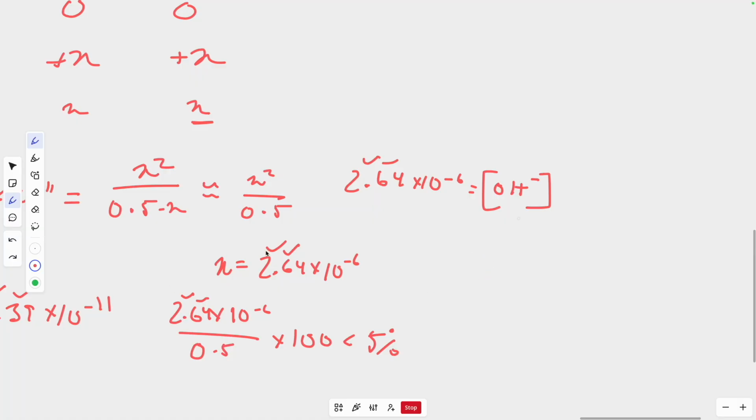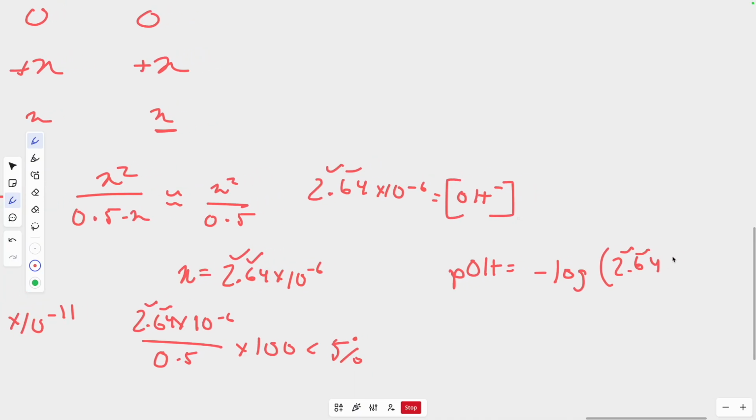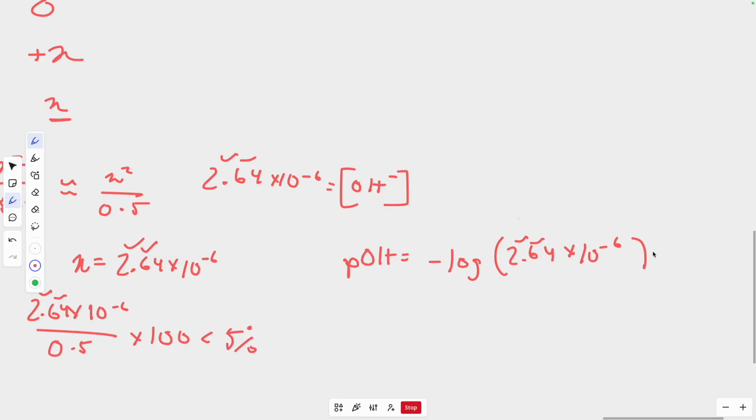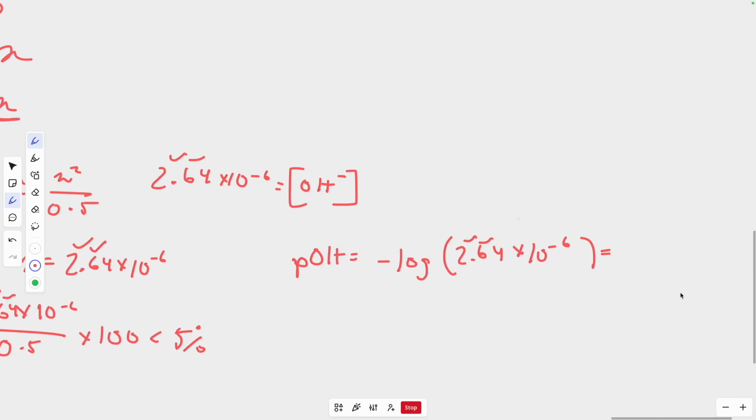So the pOH is going to equal the negative log of the OH minus concentration, which is this value. And this is going to equal 5.579.